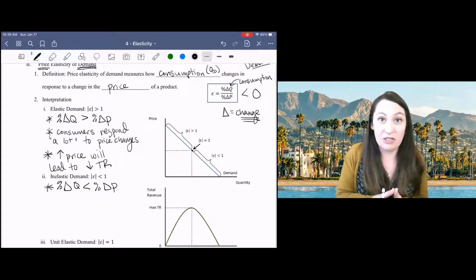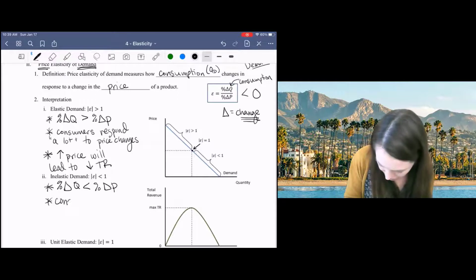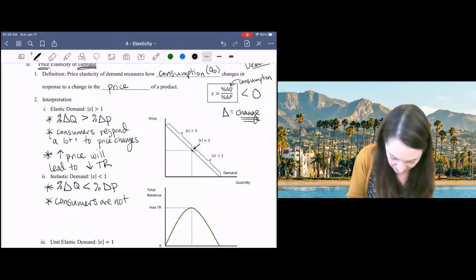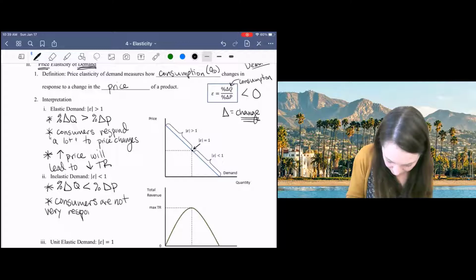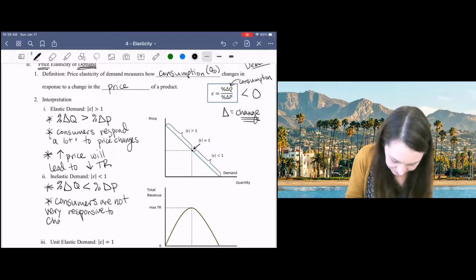They do not change their consumption very much when the price changes. So consumers are not very responsive to changes in price.